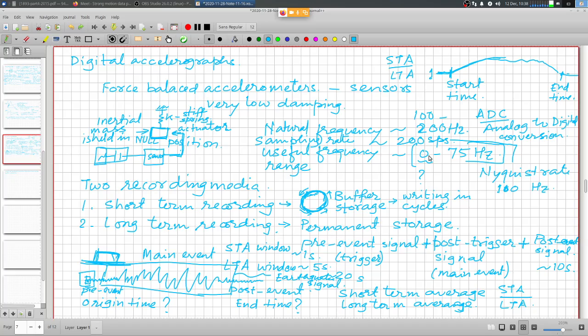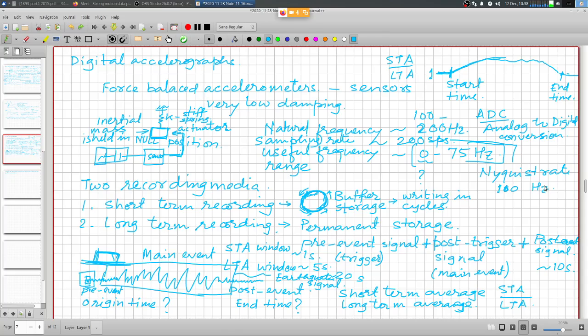Now the problem is, what happens to frequencies above 100 hertz? The signal is of course an analog signal. It can comprise any frequencies, whatever frequencies are there.